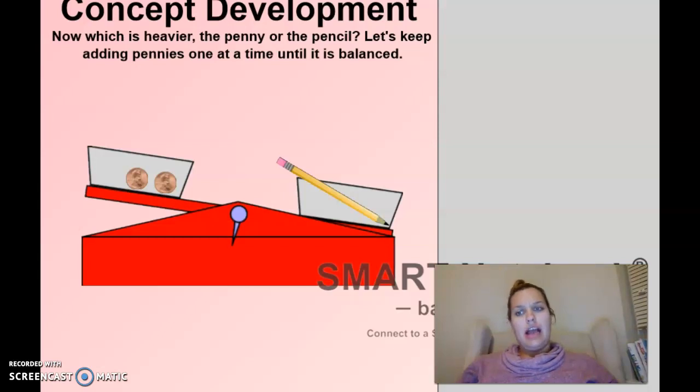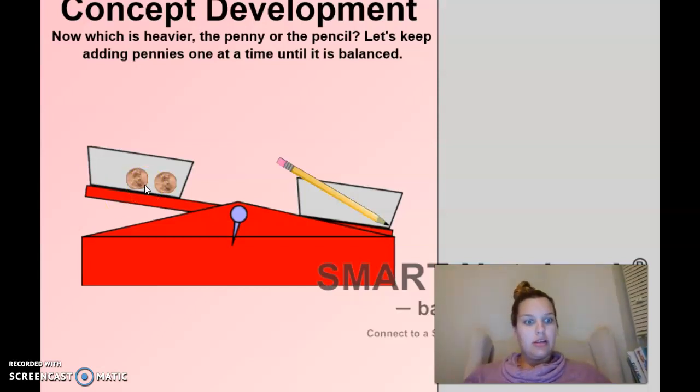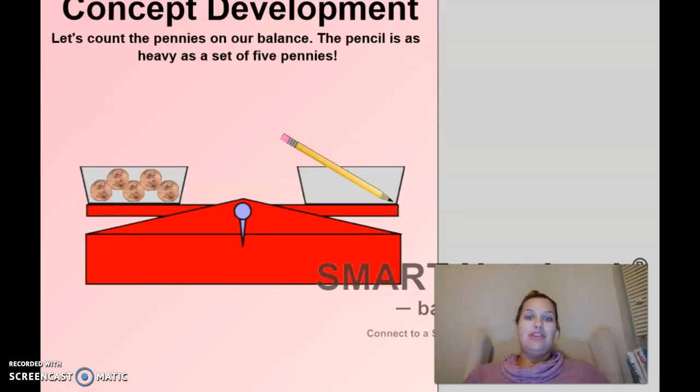Now which is heavier? I put another penny in my scale. So now I have 2 pennies in there. That's got to be the weight of my pencil, right? Nope. Pencil is still heavier than my pennies. I bet you if I add a few more, it'll work. What happened?